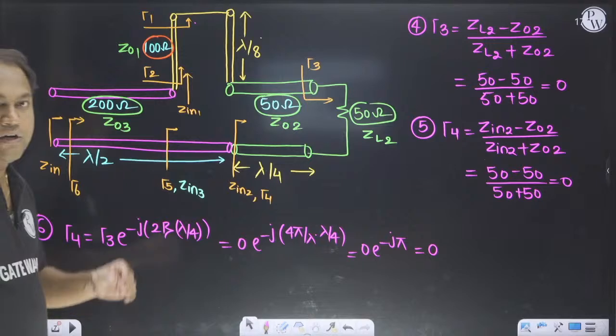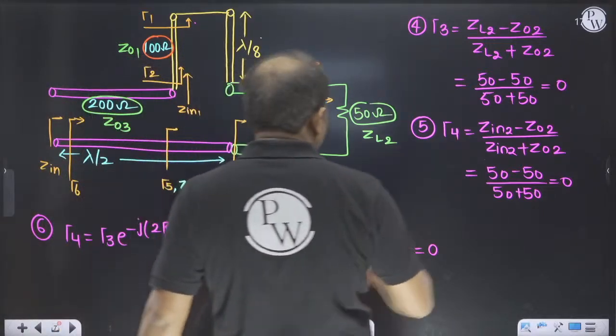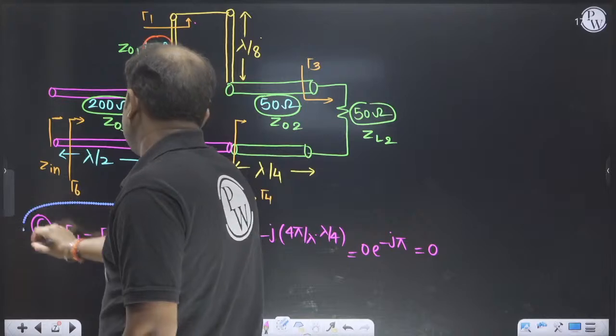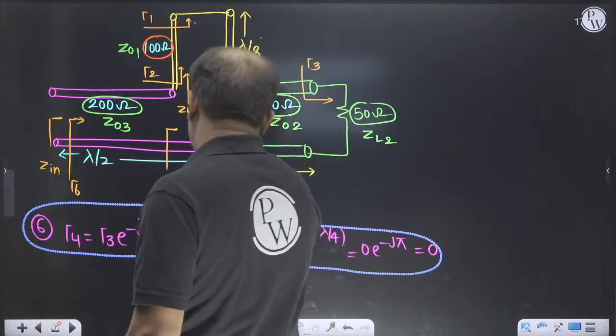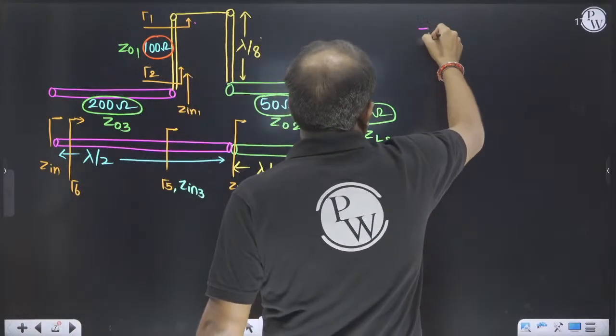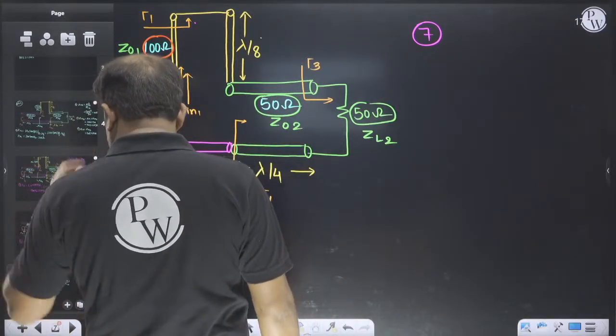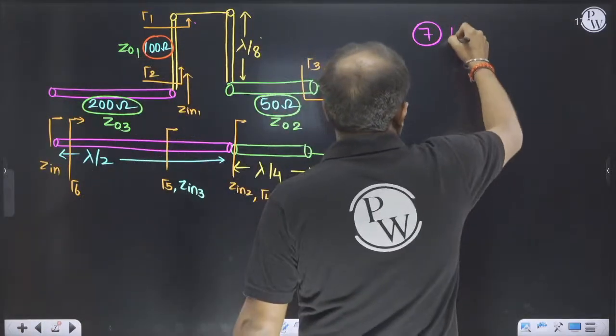Now you can calculate gamma 5 and gamma 6. That means the seventh one is gamma 5.